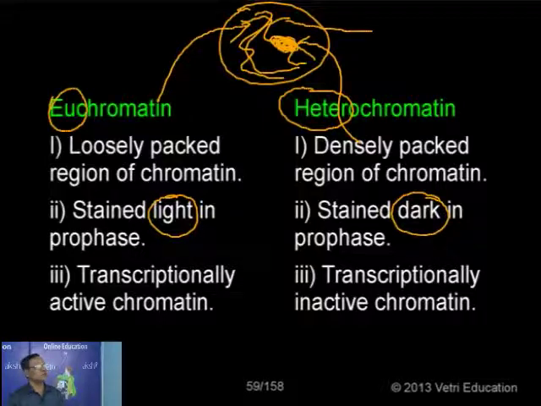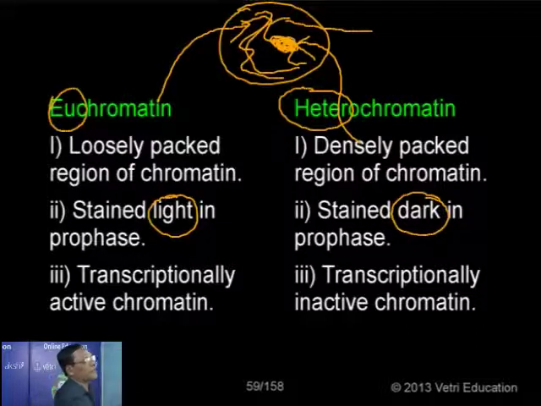But heterochromatin is not genetically active. That means it is not transcriptionally active. The transcription process is suppressed because of the heavy condensation of the chromatin fibers in heterochromatin. So one is transcriptionally active and the other is transcriptionally inactive.